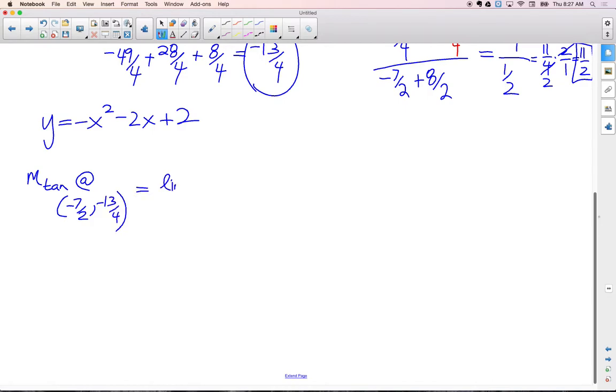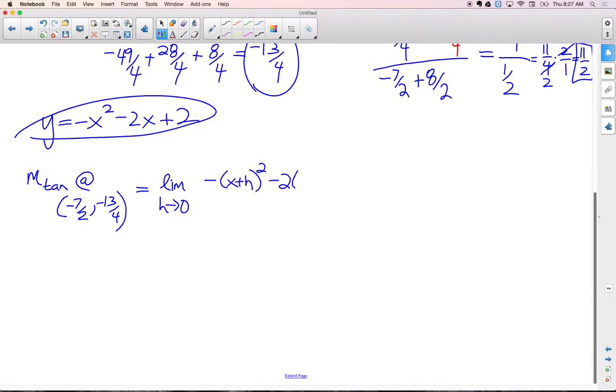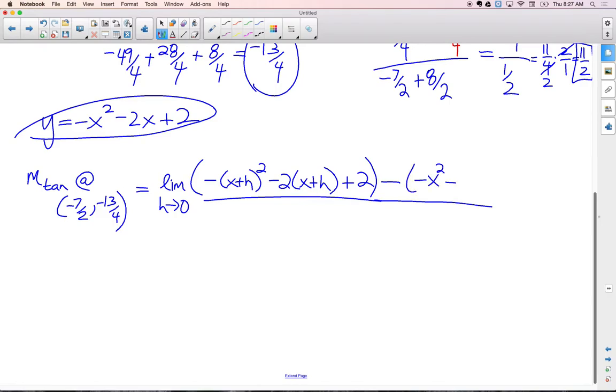It's the limit as h approaches 0 of f of x plus h using this equation. So I'm going to go negative (x plus h) squared minus 2 times (x plus h) plus 2, minus f of x, which is negative x squared minus 2x plus 2, and then it's all over h.